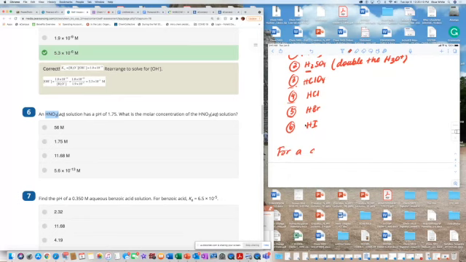For a strong acid that is monoprotic, i.e., has one hydrogen ion.